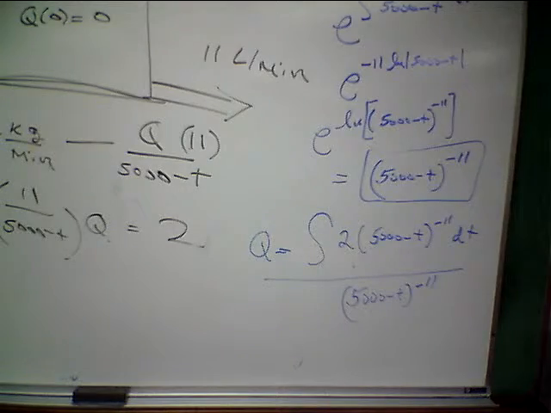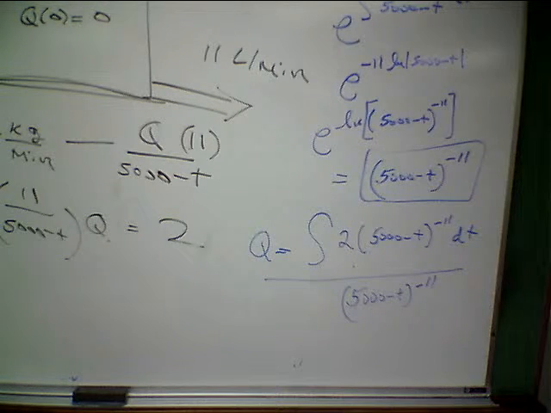Okay, so let's see what this is. What's the antiderivative of 2 times 5,000 minus t to the negative 11? What rule are you going to use? You could use a u sub, right? It's a power rule with a u sub. But you could compensate. What's the thing that's going to come out to the outside? What's the compensation? Yeah, the 2, but what about the minus sign?